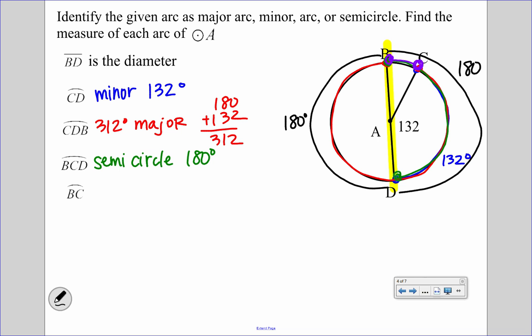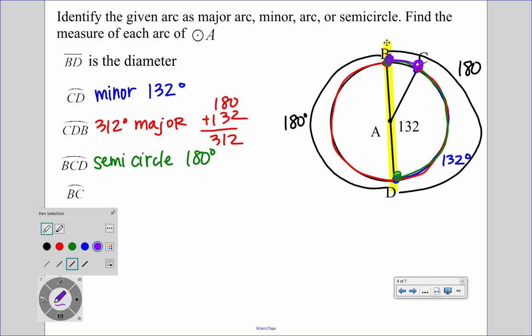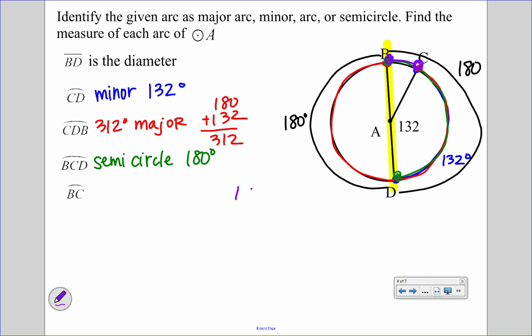And we can subtract it. We can take 180 and subtract 132 to get that little purple bit left. And we get 48. So this is 48 degrees, and of course this is a minor arc.